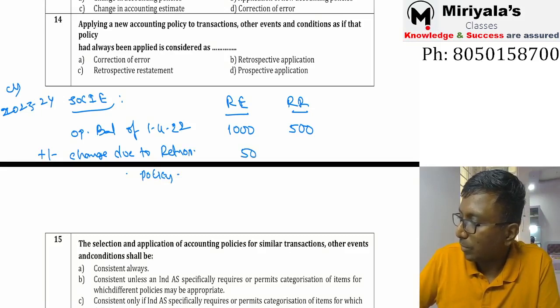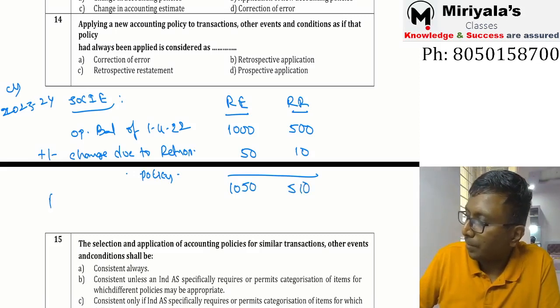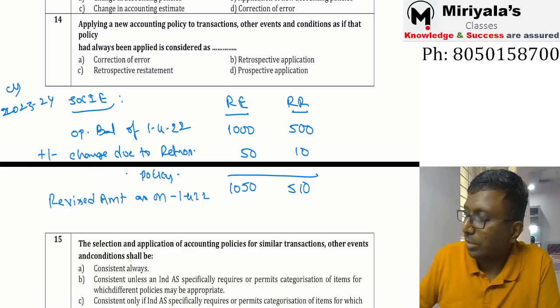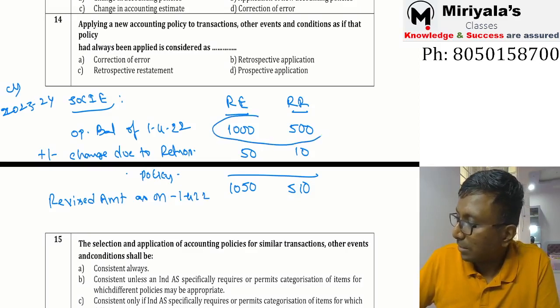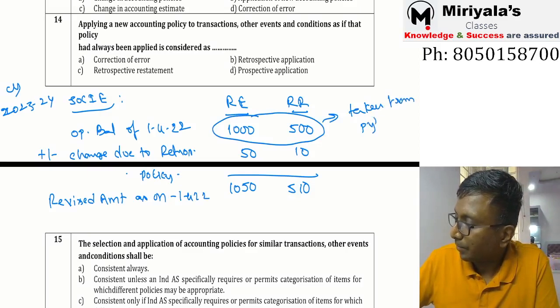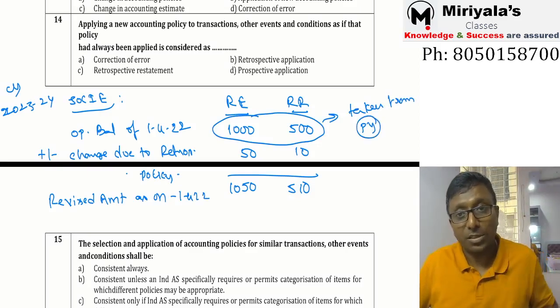Say some 50 rupees here, 10 rupees there, for example. So this is 1,050 rupees and this is 510. This is the revised amount. Revised amount as on which date? As on 1/4/2022. What are these numbers? These numbers are taken from the previous year. Previous year you must have presented already.